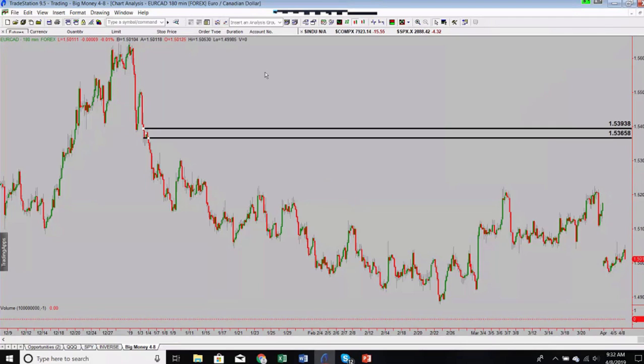Now let me get a rectangle in there so you can see it real easy. So notice I just went up and left, and I kept moving higher and left until we found the picture that represented fresh supply, where banks are clearly selling this market.